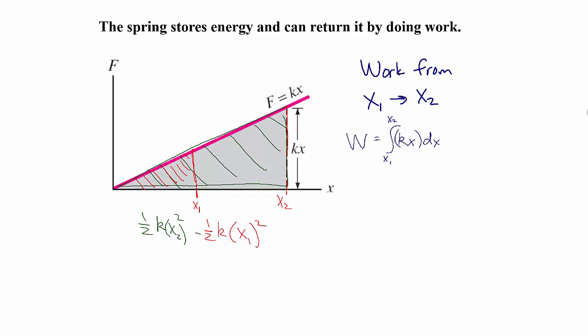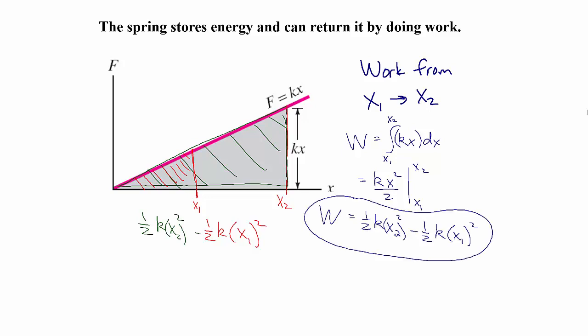Again, in terms of calculus, we would look at the integral from x1 to x2 of kx dx. The integral of kx is 1/2 kx squared. We evaluate that from x1 to x2, and that gives us the same relationship, that the work done equals 1/2 k x2 squared minus 1/2 k x1 squared.